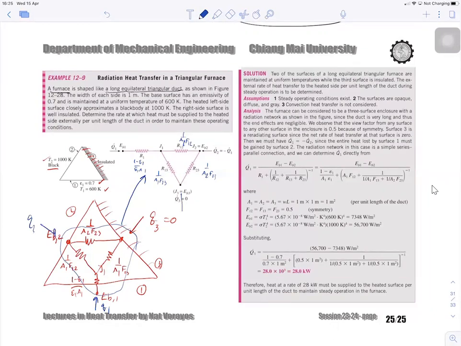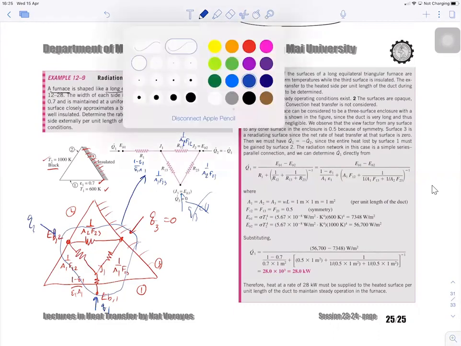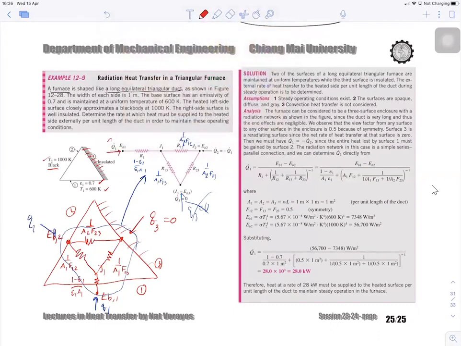And this is Q3. Q3 is supposed to be here, but you know Q3 is 0, so there is no heat flow on this side. Q1 goes like that, and Q2 goes like that, and the flow is combined again and goes out on node 2.